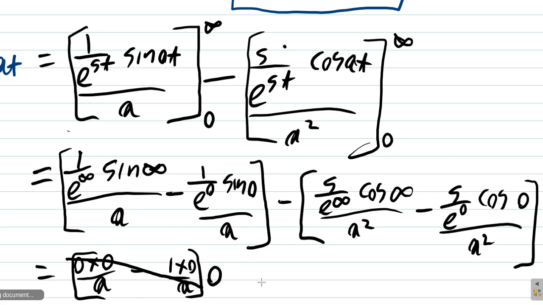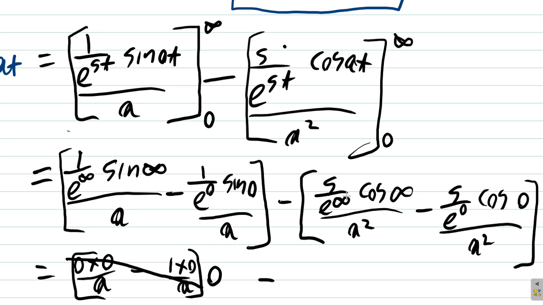It's 0. Now minus, e to the infinity is a very large number. And s over it, a constant over an infinitely large number, is 0. Cos infinity, we don't know what that is, but we know that cosine ranges from -1 to +1. So it cannot go lower than -1 and it cannot go higher than +1.